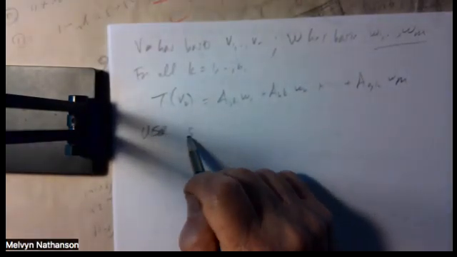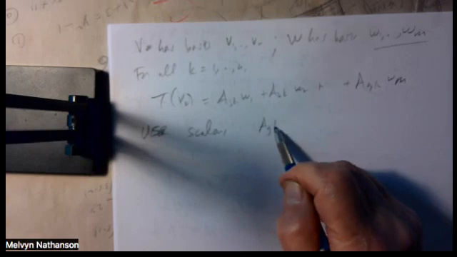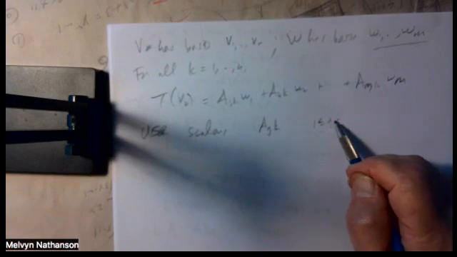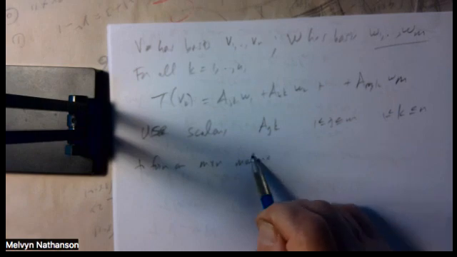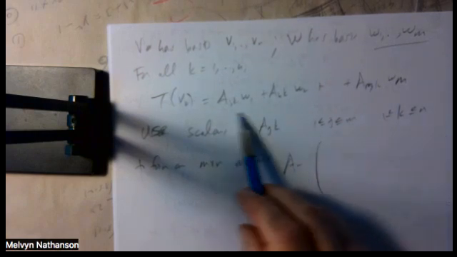And so we use these scalars, A sub jk, where j goes from 1 to m, and k goes from 1 to n, to form an m by n matrix A. And I write in the kth column these scalars that you obtain from T of Vk.